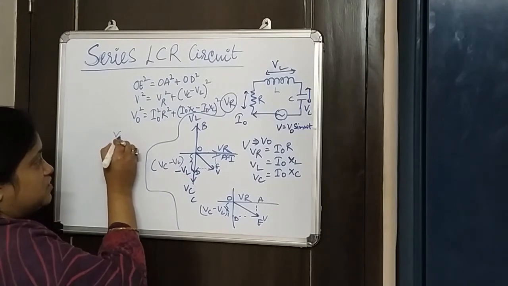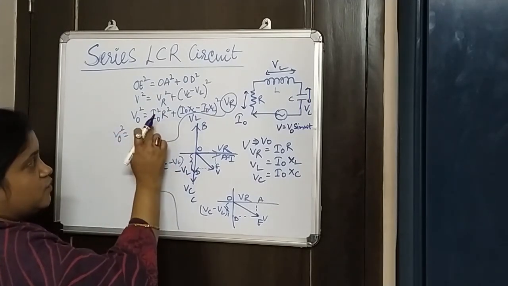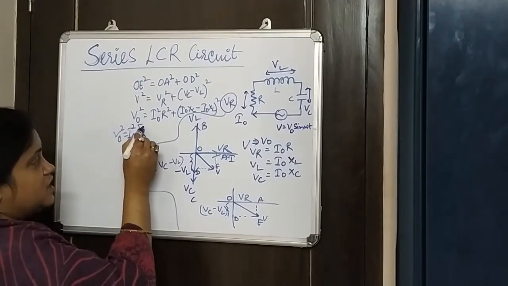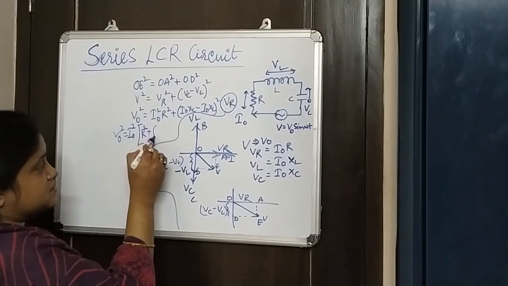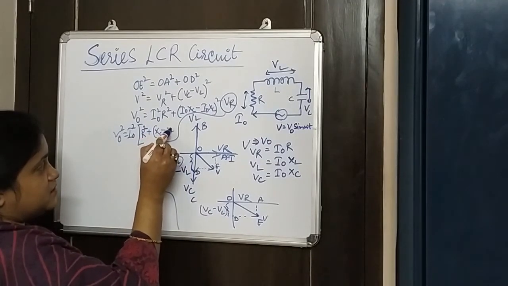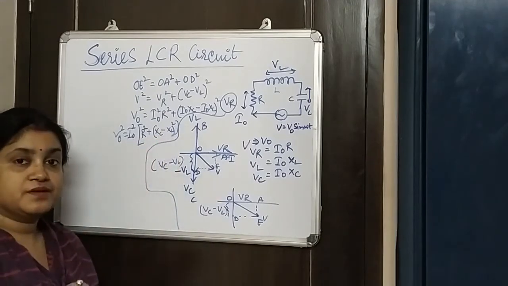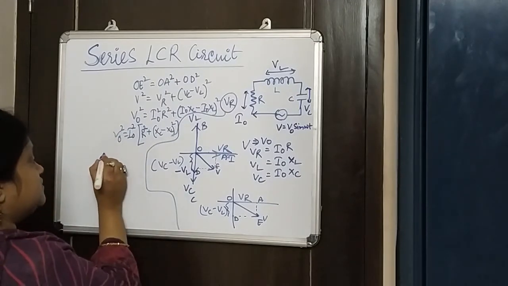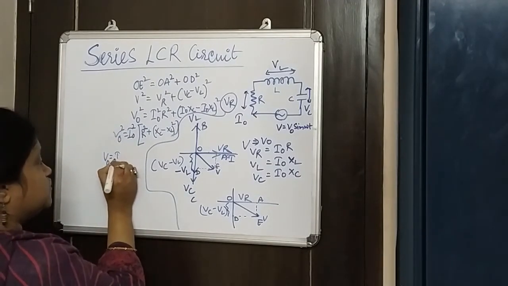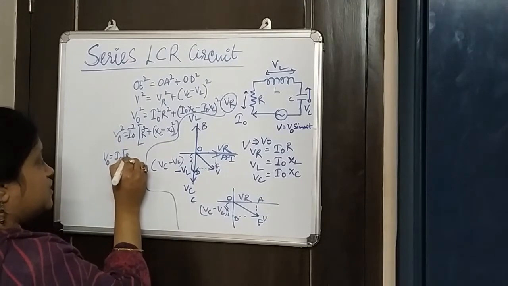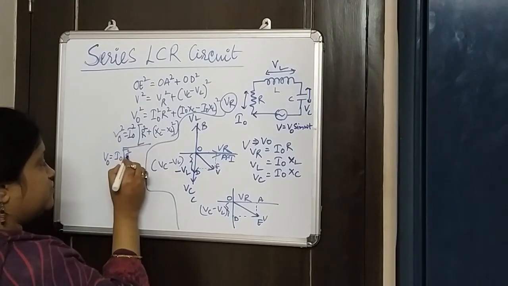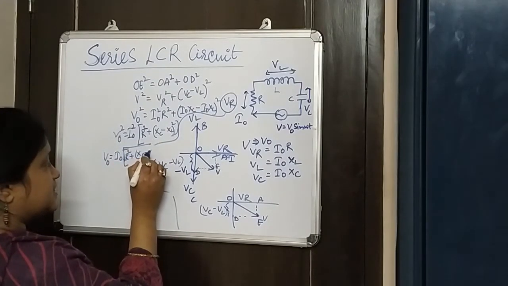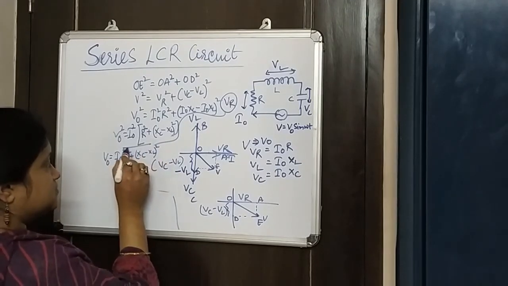If we go a bit further, we can take out I naught square common, then this becomes R square plus XC minus XL whole square, right? And if we take out the root, then it becomes V naught is equal to I naught into root over R square plus XC minus XL whole square, this whole root over.